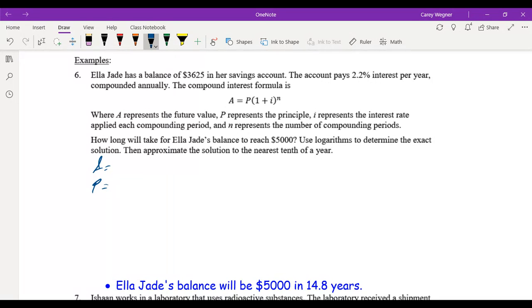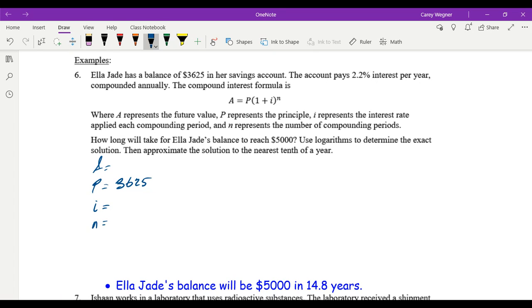We have a P value or principal, that's the initial amount. That's what we're given so far in the question, $3,625. Then we have an I, remember that's the interest rate per compounding period, N, which is a number of compounding periods.